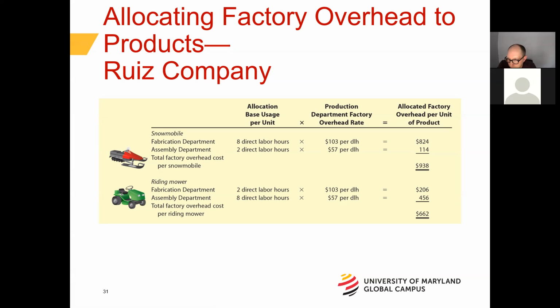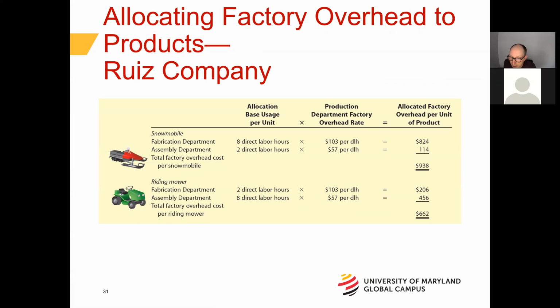You follow that same process for each product the company manufactures. The company also manufactures riding lawnmowers. The total factory overhead per riding lawnmower is $662.